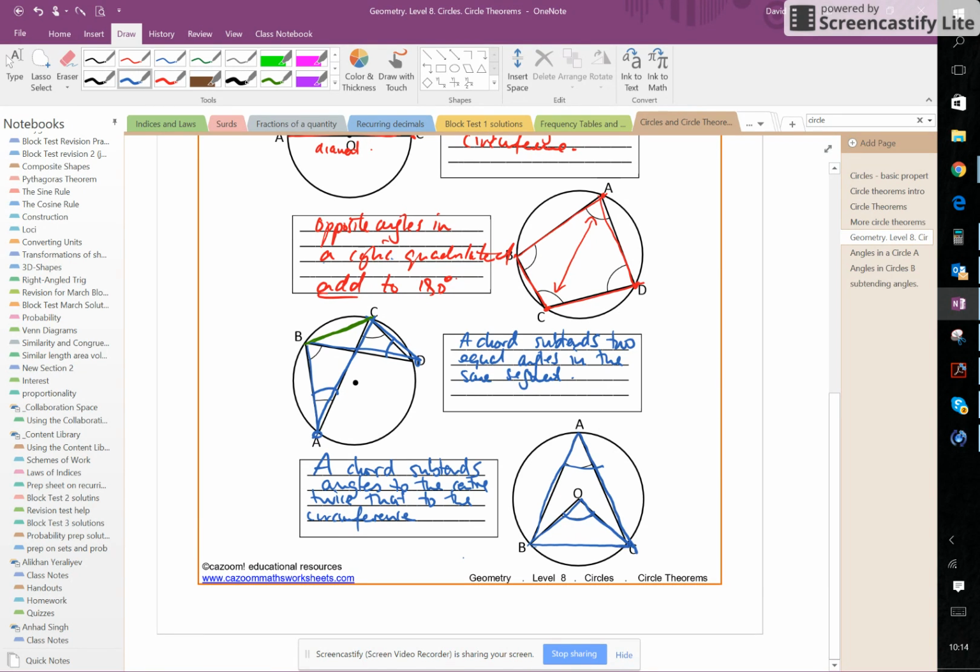And they also must be in the same segment, so this angle is in the same segment as this angle here, and the segment is created. This is the minor segment and this is the major segment, so it must be also in the same segment.